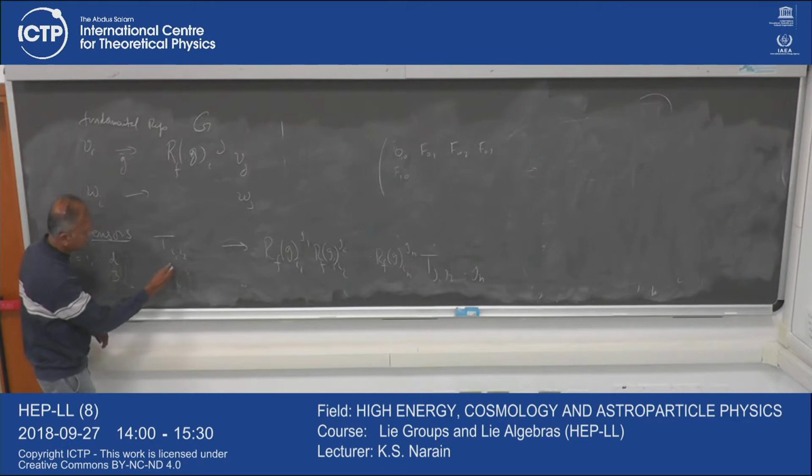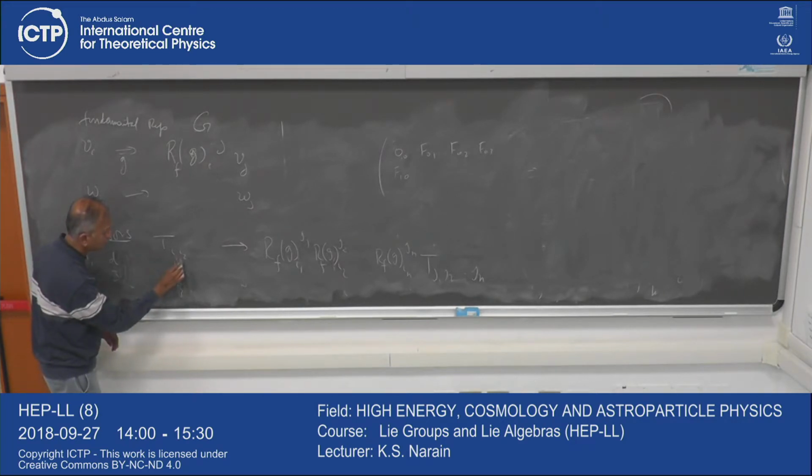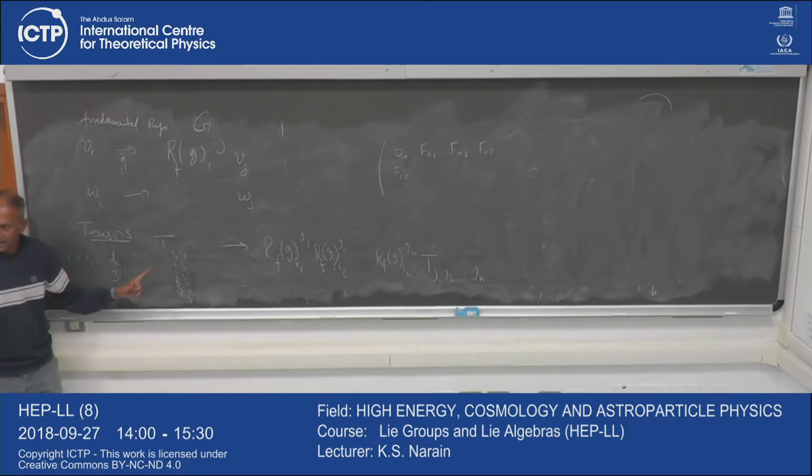So what can I have? 1, 2, 3 for this index. But then for each of these choices, I2 can be 1, 2, 3, 1, 2, 3, 1, 2, 3, right? Because they're completely independent. So for each choice of I1, there are 3 possibilities here. So 3 times 3.